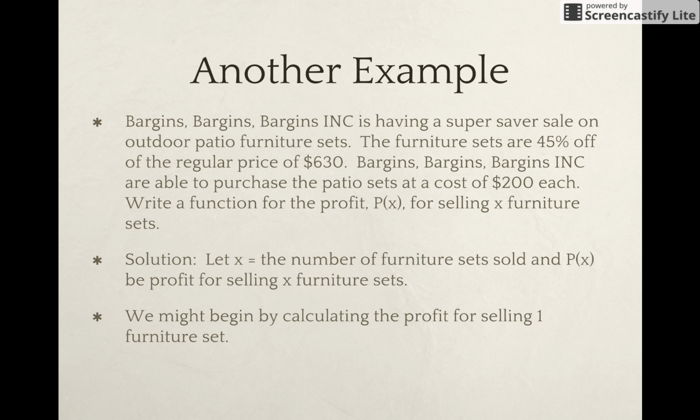One way we might come up with this equation is to let x be the number of furniture sets sold, P of x be the profit for selling x furniture sets, and then we might just start calculating profits for actual numbers of furniture sets sold. So maybe for selling one furniture set.